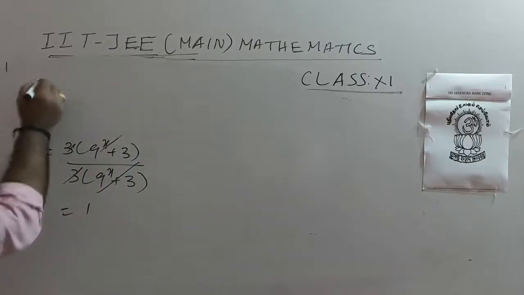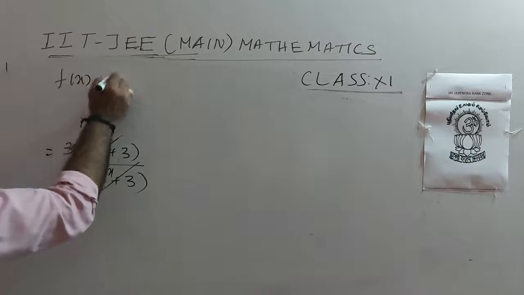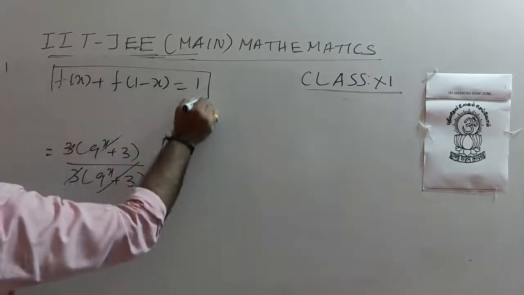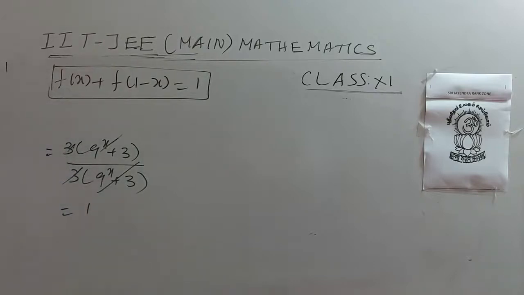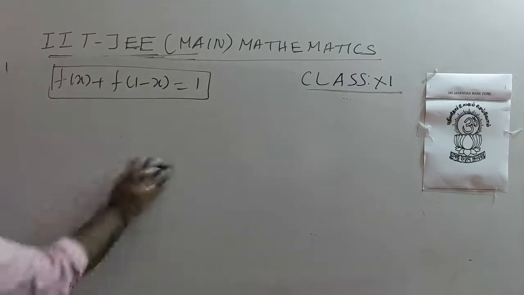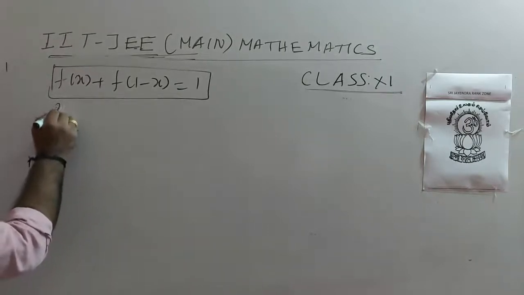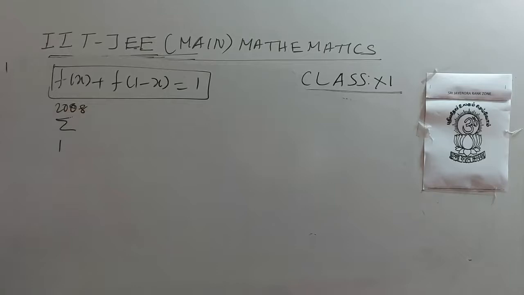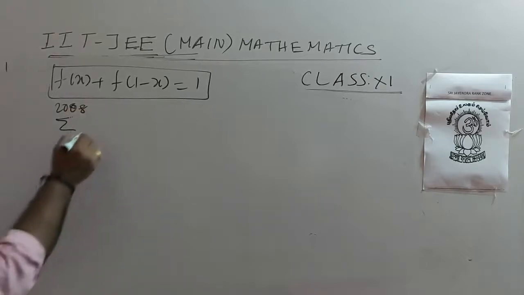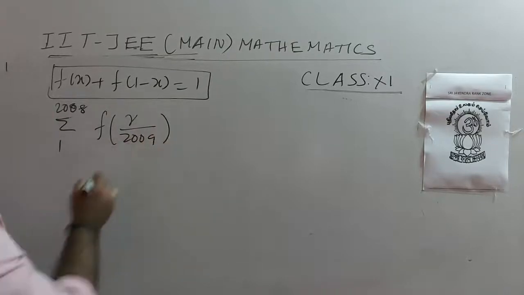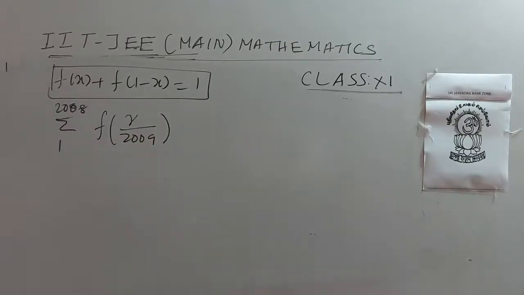So you have derived the result f of x plus f of 1 minus x equal to 1. We need to find summation 1 to 2008 of f of r by 2009.